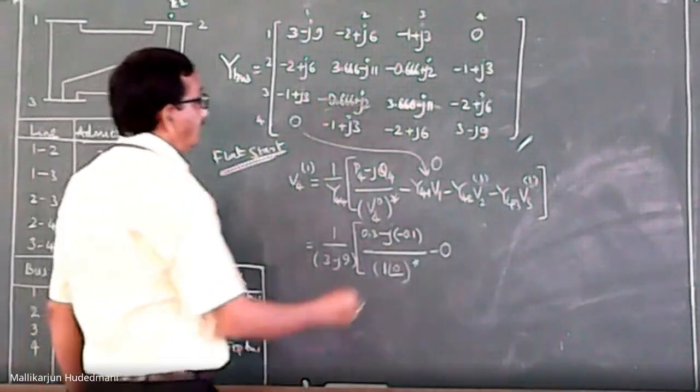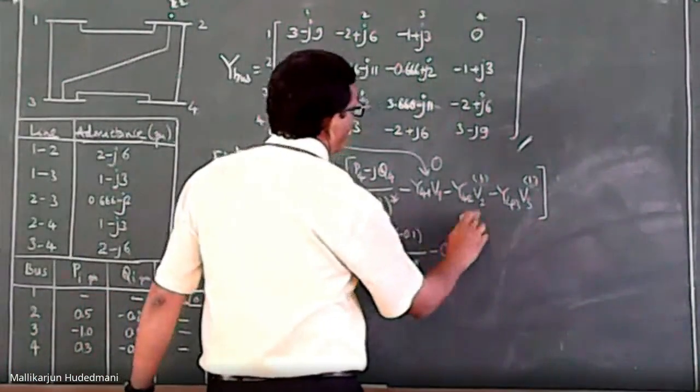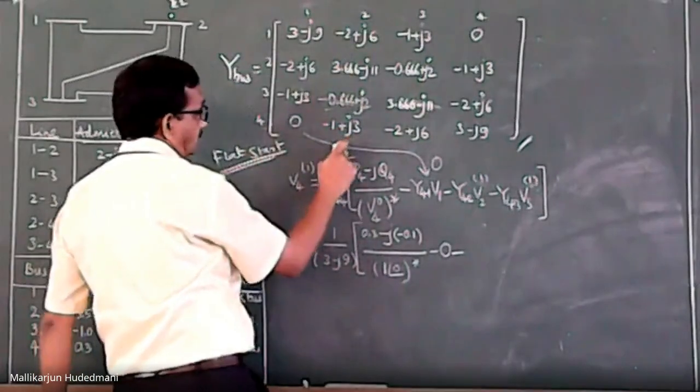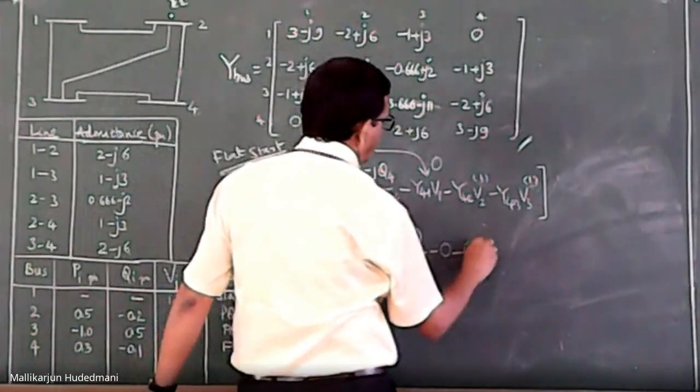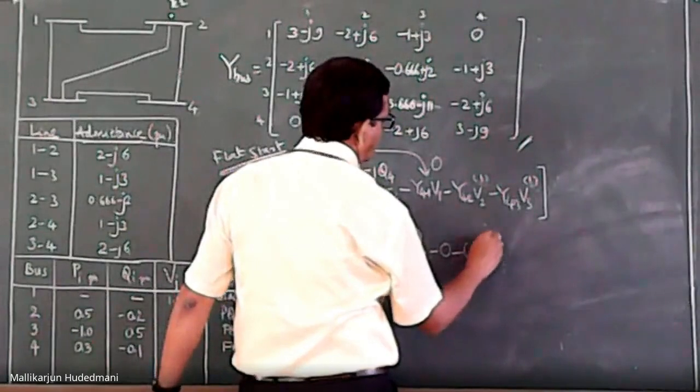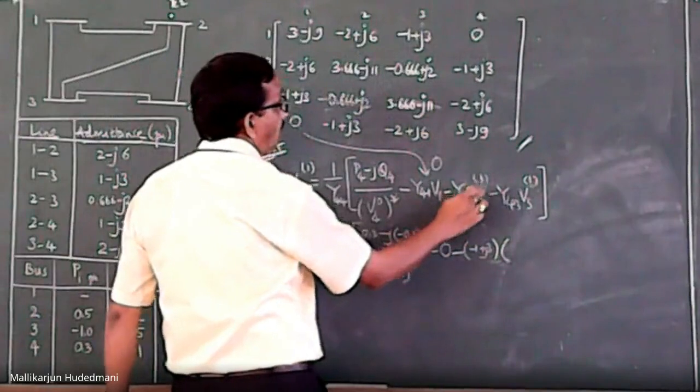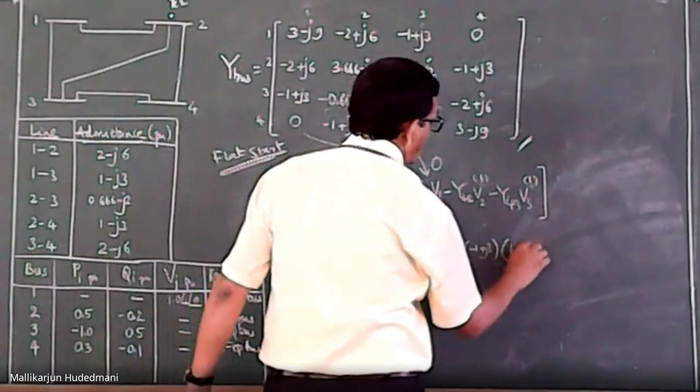Okay? Then minus. What is Y42? Second column, fourth row. This one. This is minus 1 plus j3, which multiplies the value V2. What is V2 of 1? 1.02.